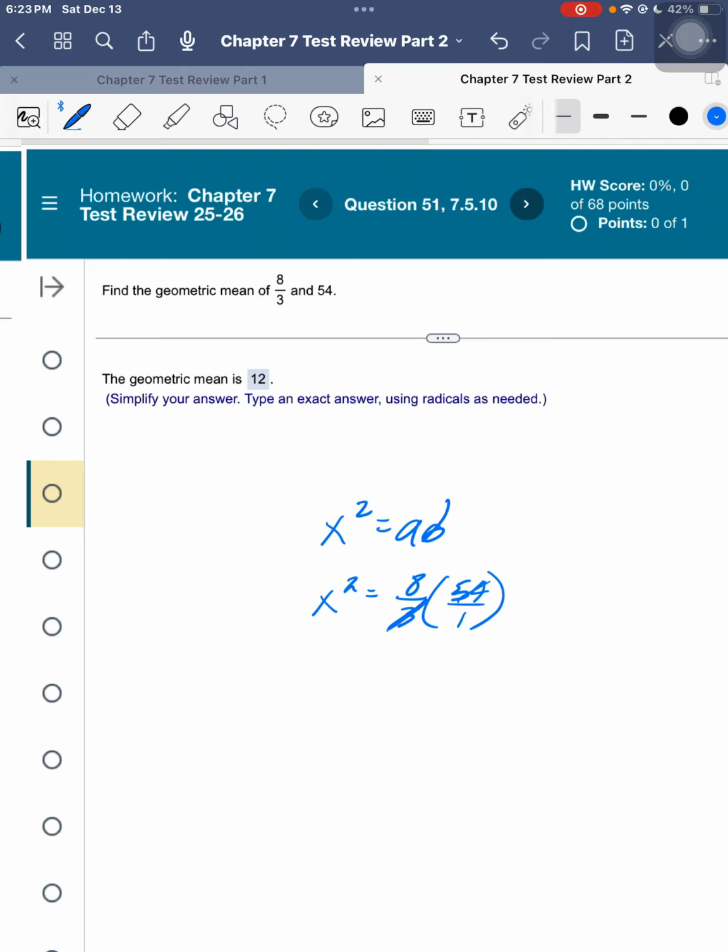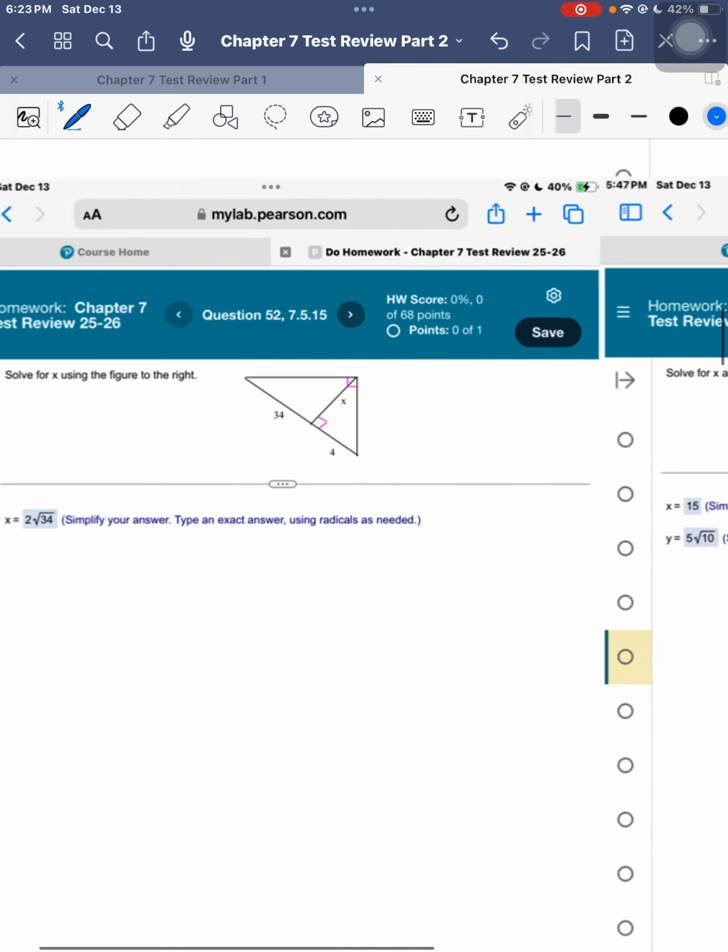So 3 divided by 3 is 1. 54 divided by 3 is 18. So now I have x squared equals 8 times 18. 8 times 18, which is 144. 1 times 1 is 1, so we don't worry about that. And what's the square root of 144? It's 12. All right. So let's go to the next one.